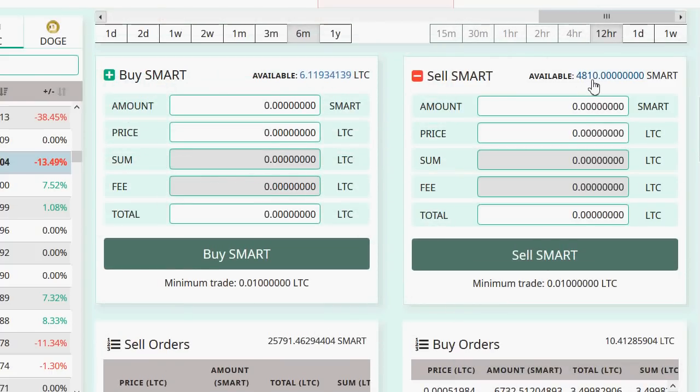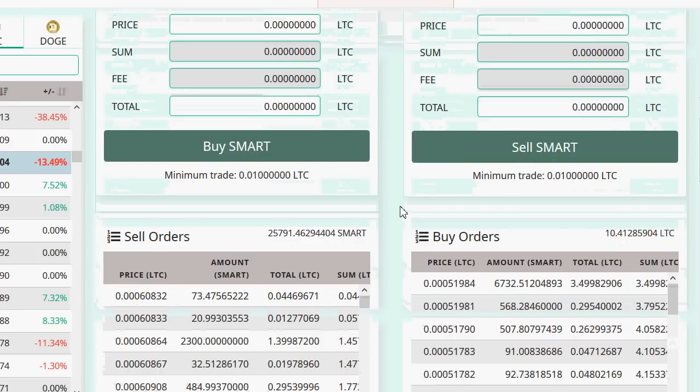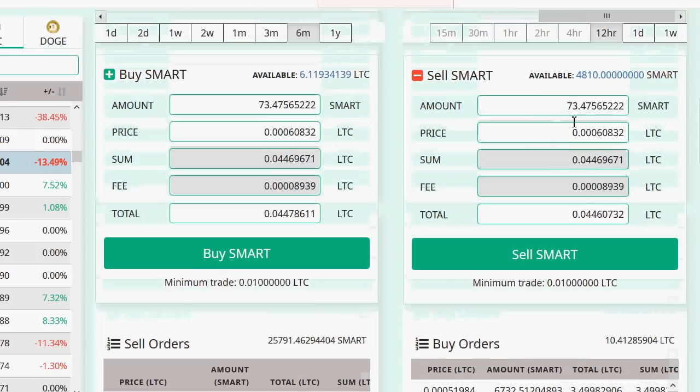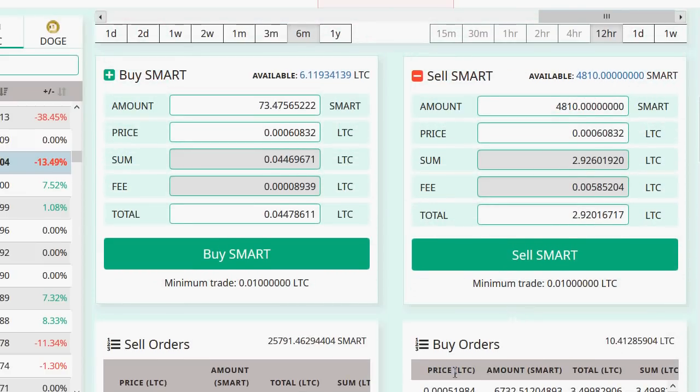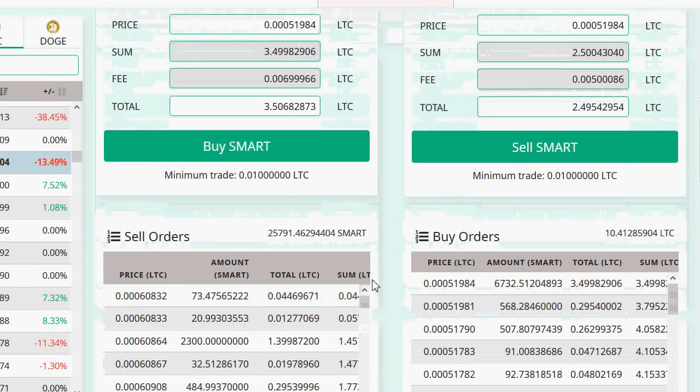And I own 4,800 of these coins. At current market price, 51, or at least at the 60, it's worth 2.92. And at the 51, it's worth 2.45. The fair price is realistically probably close to 55, 56.